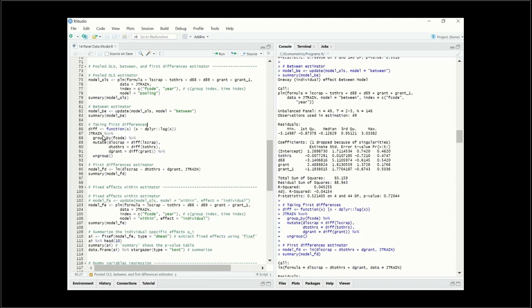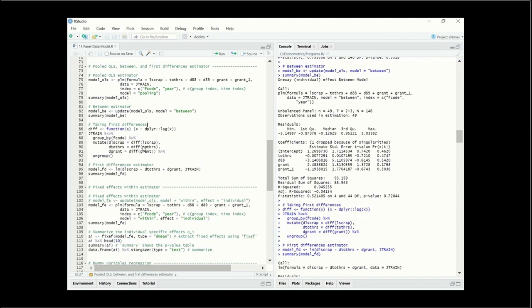Now let's go ahead and use the data frame and group by fcode, which is the firm code. Then we're going to calculate the difference in scrap rate by applying this function, where we have the difference of log of scrap rates. For each of the scrap rates, we're going to be taking the value this period minus the value last period.